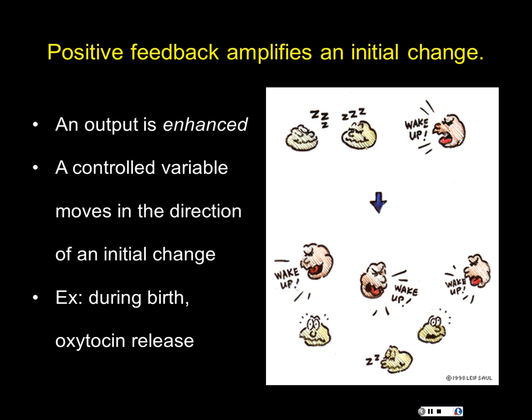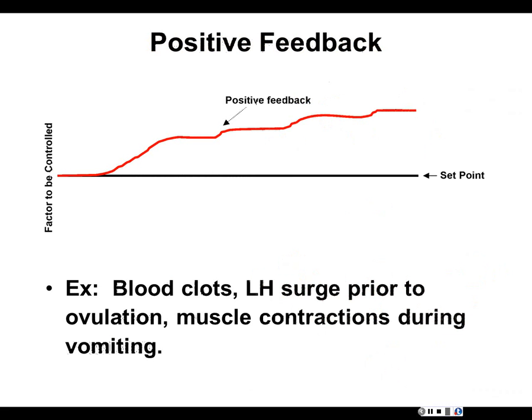But that's not the only scenario. Another example is the clotting mechanism. Think about that. If you start to form a clot, don't you want to continue it until the clot is fully formed? You don't want to just kind of start the clot and then still bleed out, right? Continue the clot. Prior to a woman's ovulation, there's a huge luteinizing hormone or LH surge, it just spikes, and we'll talk about it in the endocrine system.